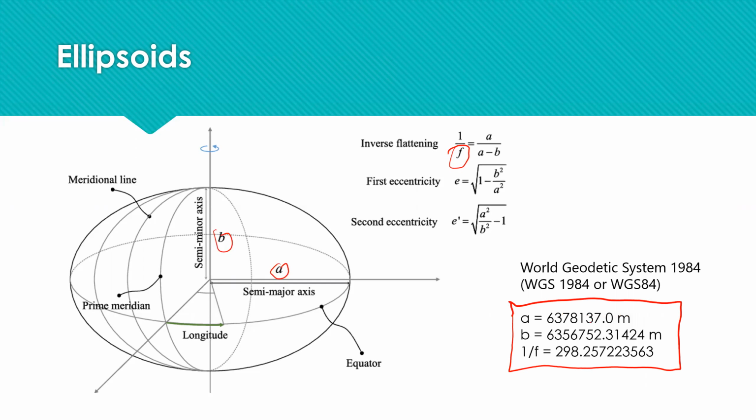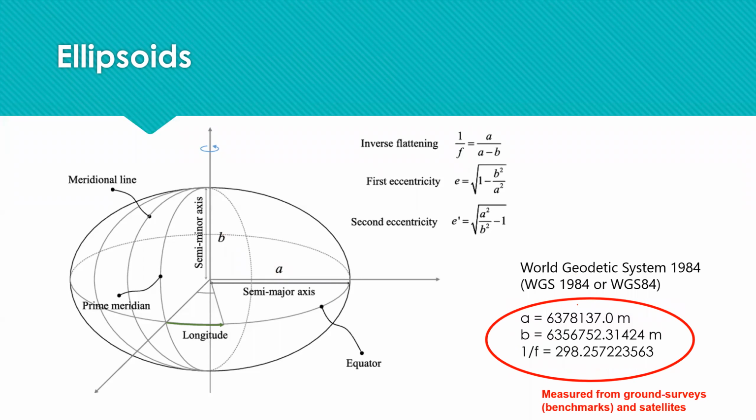A is equal to 6,378,000 meters, and then you can see that B is a little smaller, not a lot, 6,356,000. That difference is what makes it a spheroid, and it's not a big difference. We're talking about 20,000 meters, so 20 kilometers difference along the A axis versus the B axis.